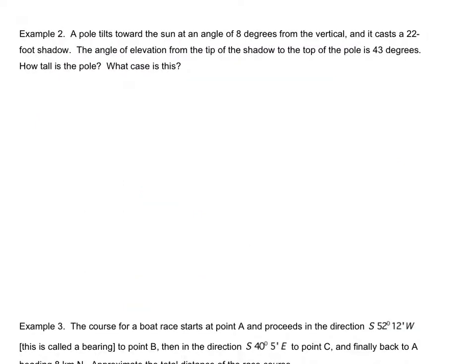In our next example, we're going to be looking at a pole that is tilting towards the sun. So if we think about the ground, and we have a pole that is not quite vertical, and the sun is over here. And this angle here is going to be 8 degrees, because we are at an angle of 8 degrees from the vertical.